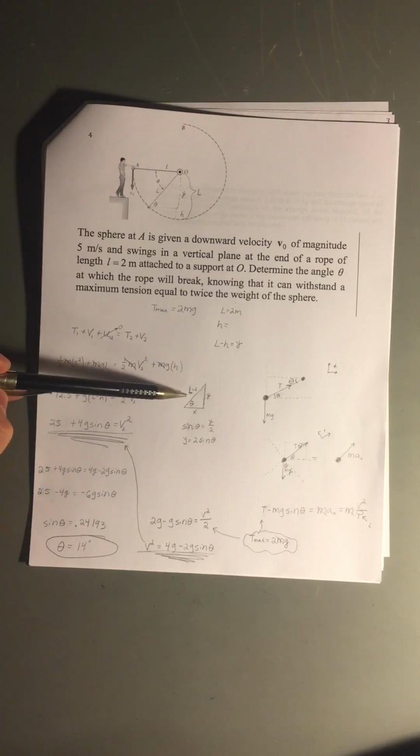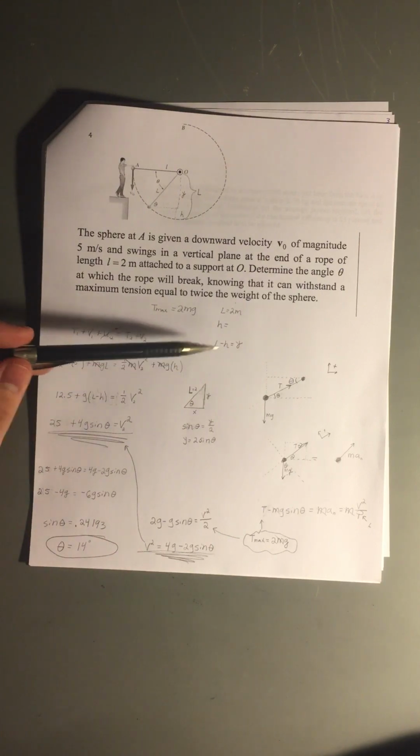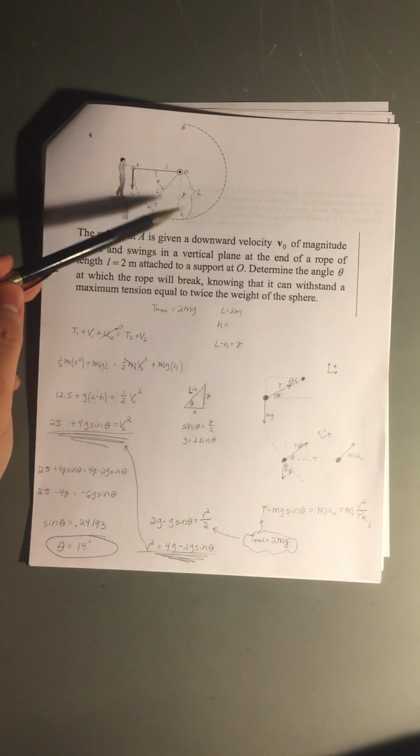And so drawing this triangle and using trigonometry, we can find out that y will be L sine theta, and theta is the angle we're looking for. And so we can plug that in here for L minus h, because that is what this y will be. And then all I did was solve this equation for velocity squared.